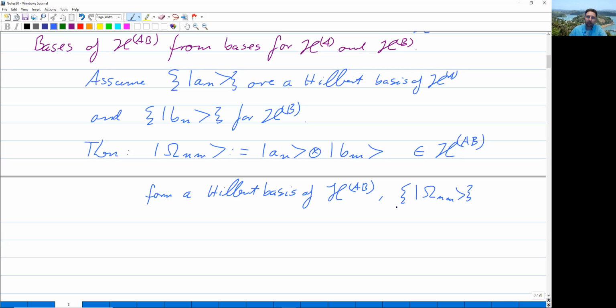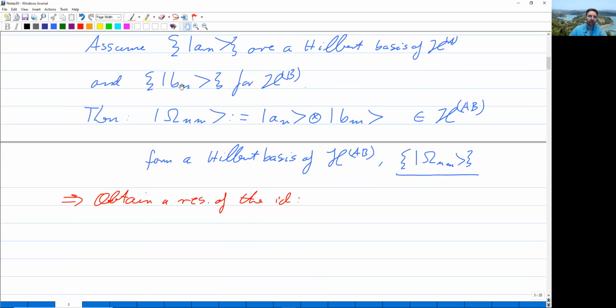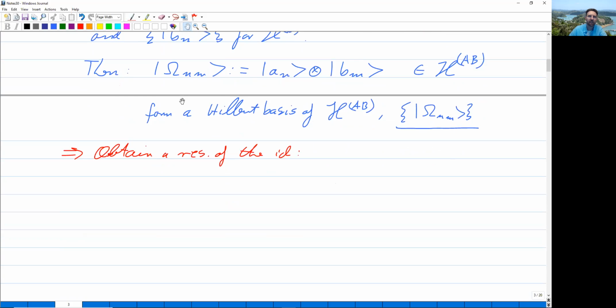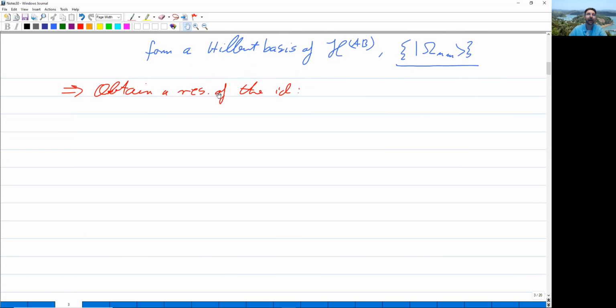All right, so we have a Hilbert basis now of our Hilbert space for the big system. And that means we can now write down a resolution of the identity. So, very important, we obtain a resolution of the identity. Whenever we have Hilbert bases A n and B n for the subsystems, they give us a Hilbert basis for the big system and correspondingly also a resolution of the identity.